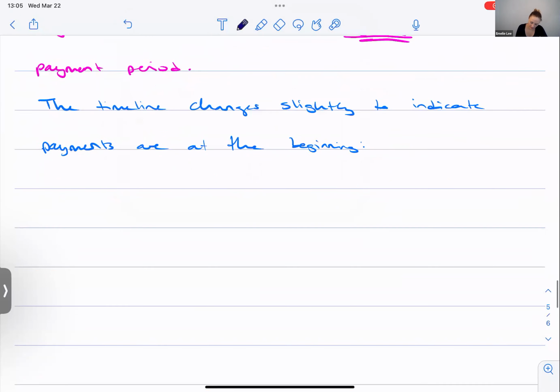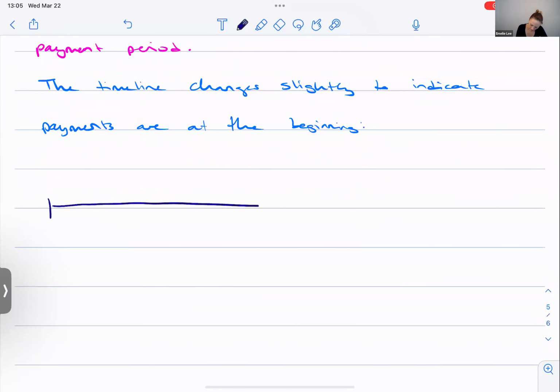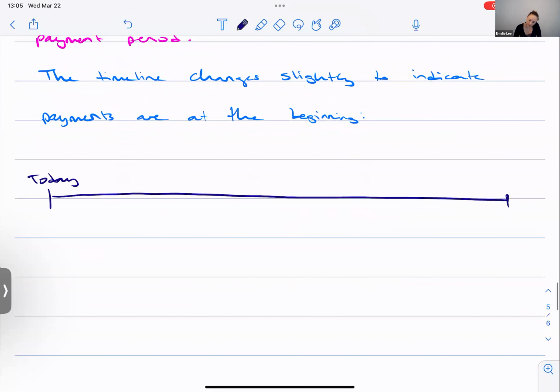So what that looks like is if you have a timeline that looks like this today, and then I have 20 years or something like that, and I'm making annual payments. So 1 year, 2 year, 19 years, for example, right? Just making this up.